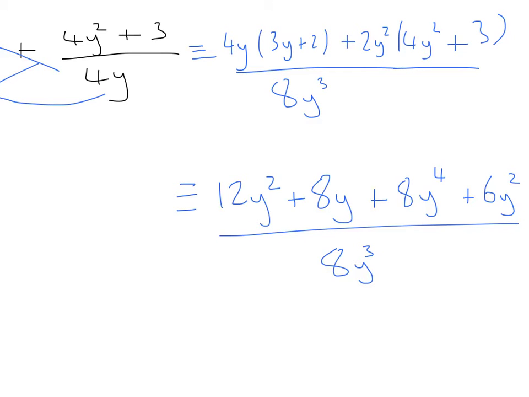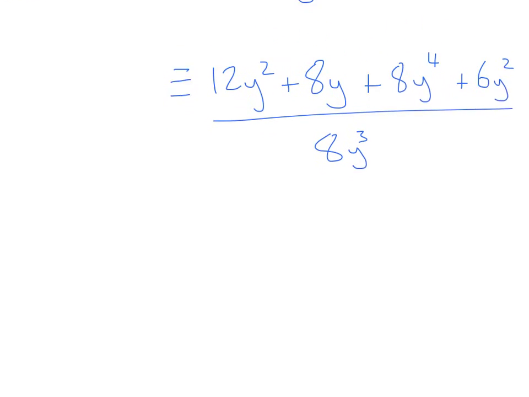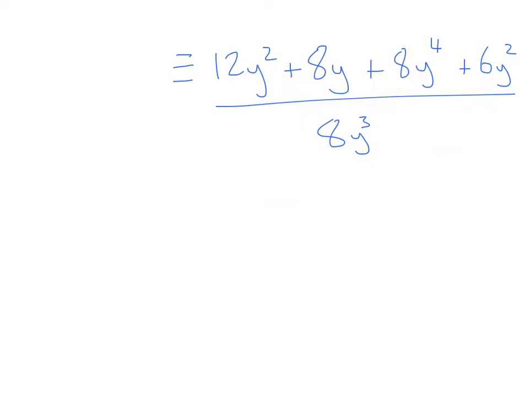Looking at the numerator first then to see if we can simplify this by collecting any terms together. We have a y squared term, a y to the power of 4, and another y squared term. So we can collect the two y squared terms together. And we can reorder this as well to put the highest power up front.